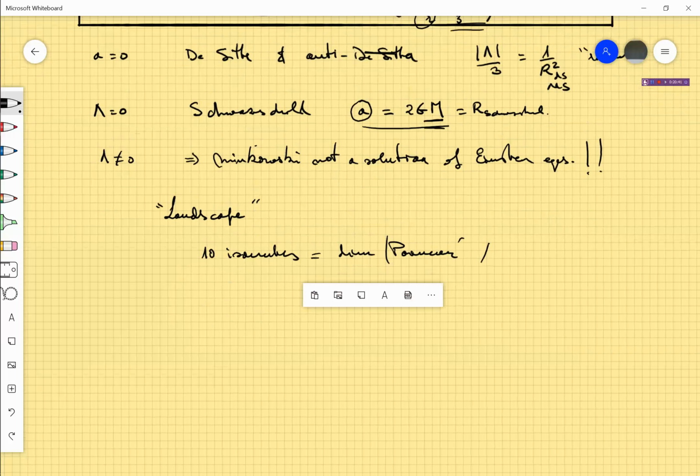You can prove that in 4 dimensions you cannot have spaces with more than 10 isometries. So other spaces with 10 isometries will also be maximally symmetric. They are called that. So Minkowski is maximally symmetric.